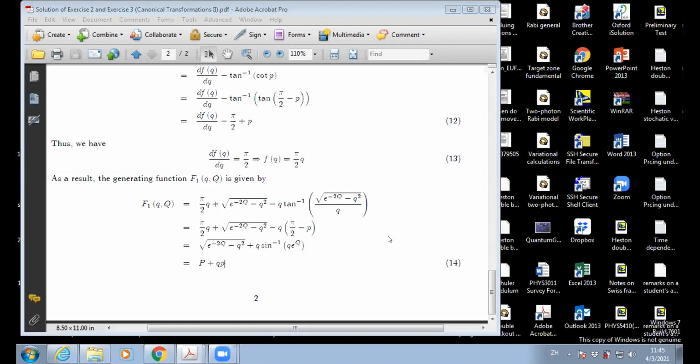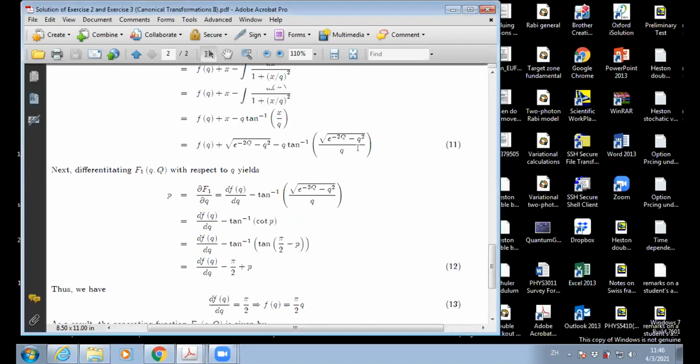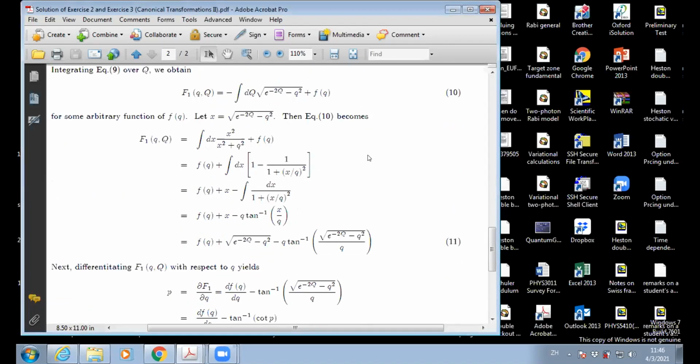I give you all the details because I know that I will give one question on finding a generating function in the final exam. In fact, finding this generating function is not as easy as you think. Can you see it now? It is not as easy as you think. That's why the theorem is powerful, because you don't have to go through all these calculations.